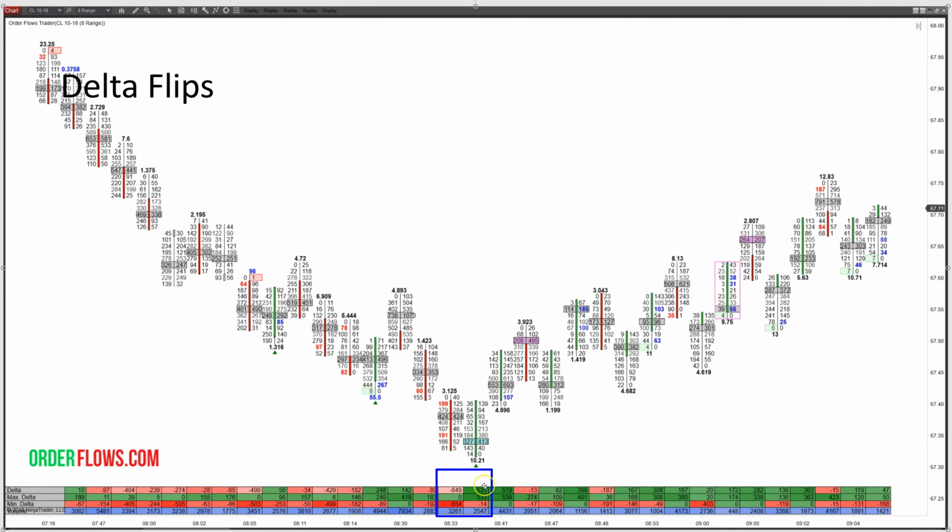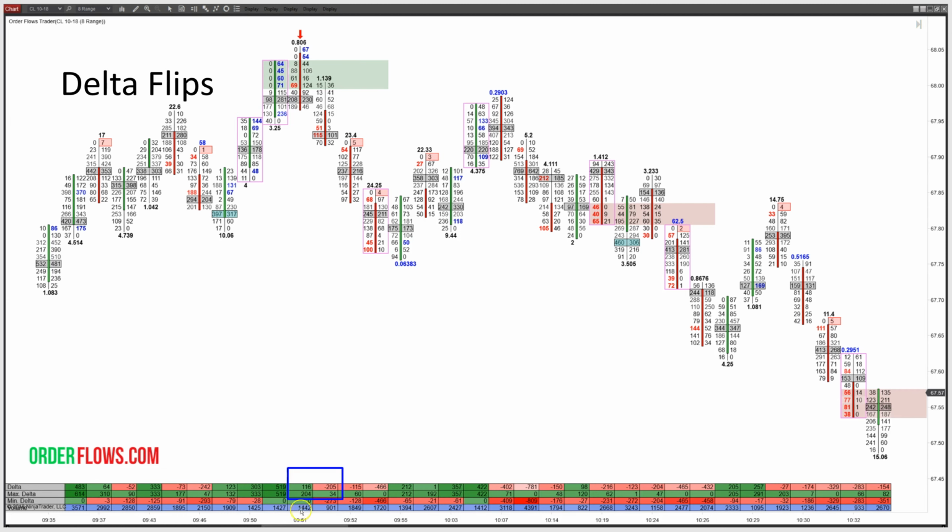The positive delta is 531, the max delta is 533, and the min delta is minus 14. So it's a small negative min delta here. And this is what it looks like. Basically, it went from all sellers to all buyers with very small counter trade against it in the bar.